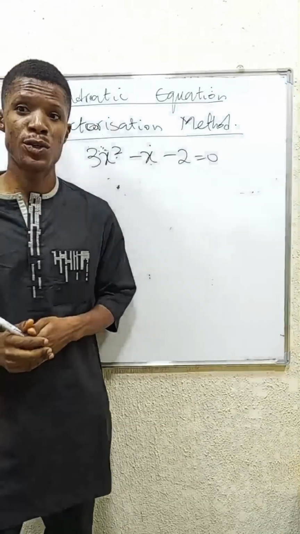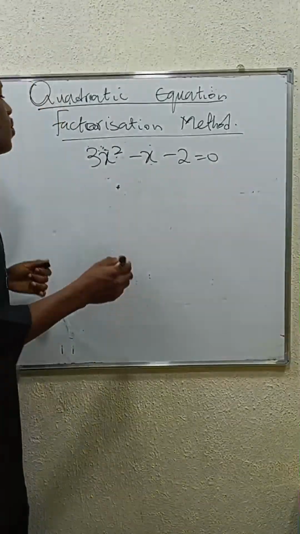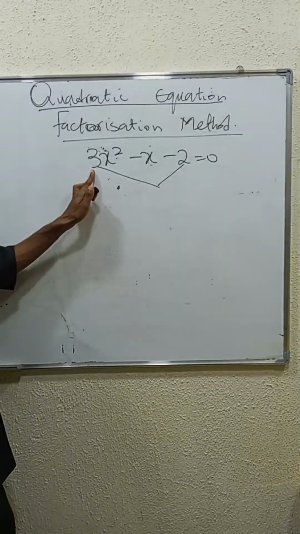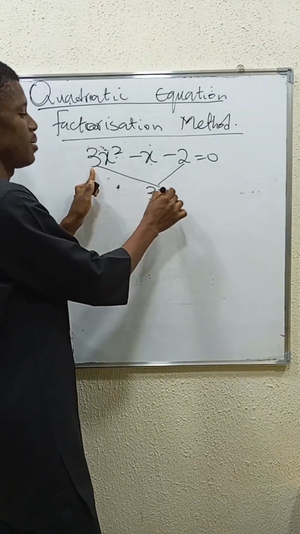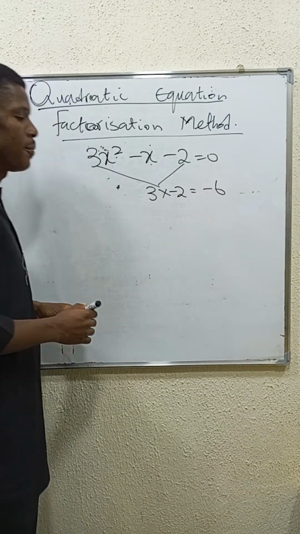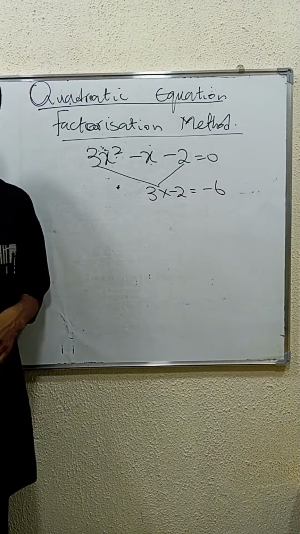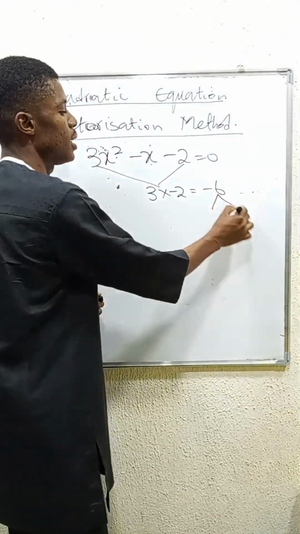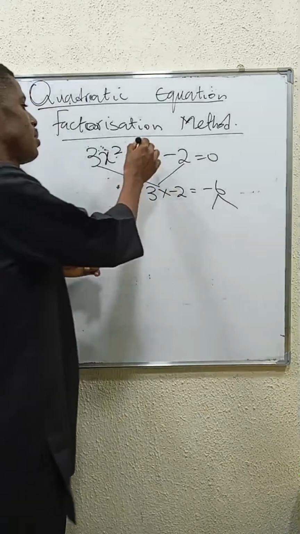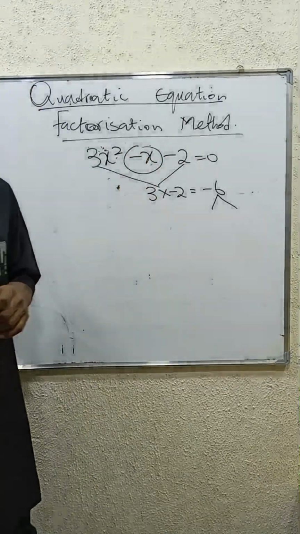We use our usual pattern. What's the pattern? We multiply the leading coefficient by the last term. The leading coefficient is 3, times the last term, minus 2, so the answer is minus 6. We think of two numbers that multiply to get minus 6 but add up to the middle term, which is minus 1.